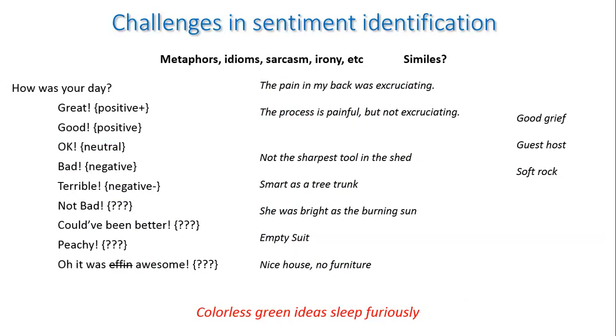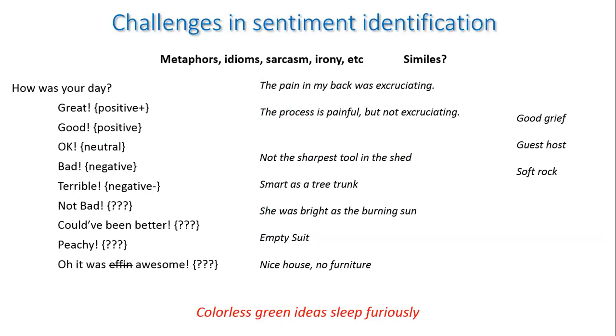You could use the same adjective and sometimes even the same adverb to flip the meaning of a sentence. So, for example, you can say the pain in my back was excruciating, and that is a strong negative sentiment.